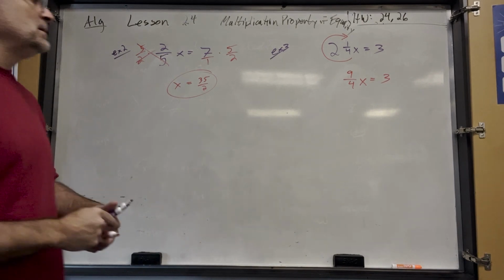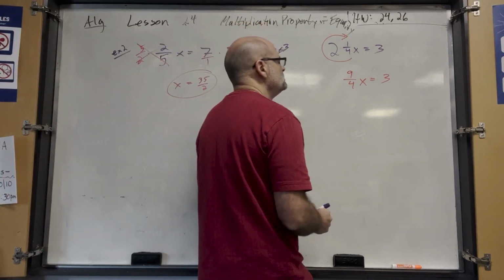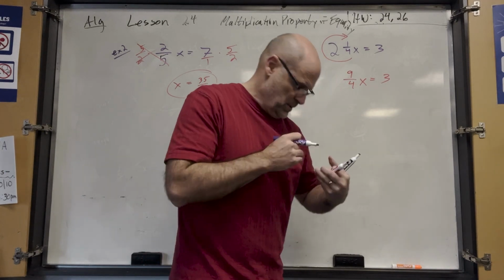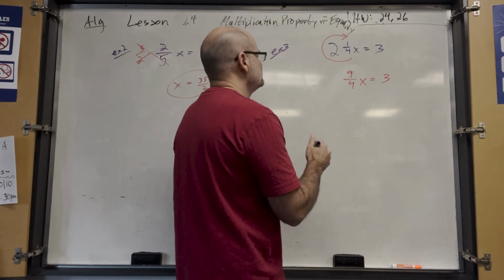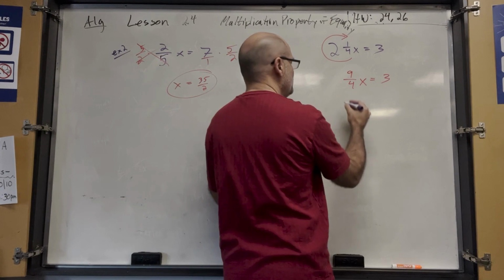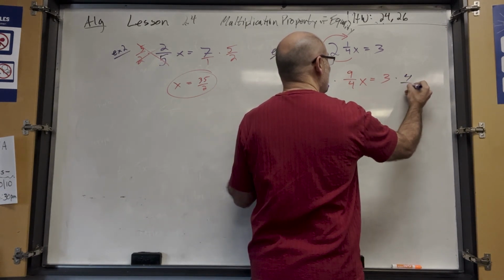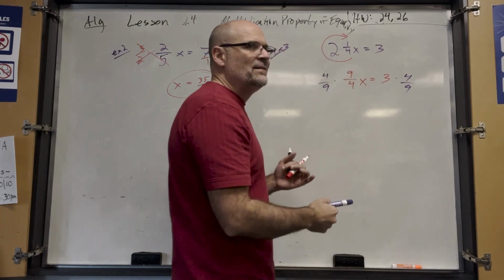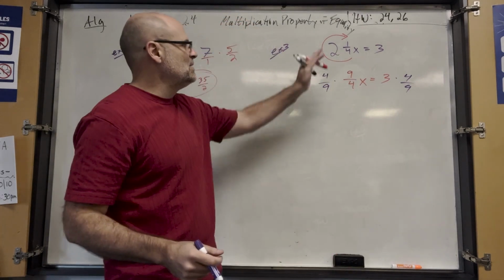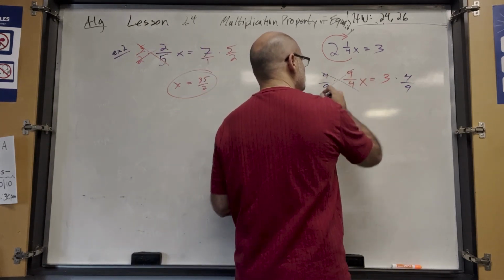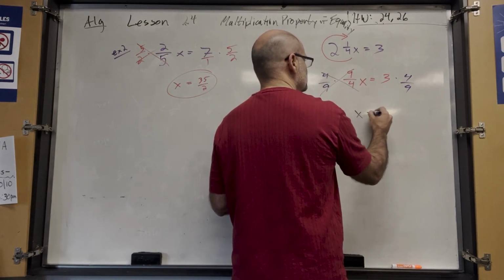What do you do next, Ilya? So do times 4/9 on both sides. Yeah, you could do that. Now, that wouldn't have been possible if we kept that mixed number, right? Because you can't flip anything that's not flippable. It's got to be in fraction form. Mr. Flack, what if you first did -2?